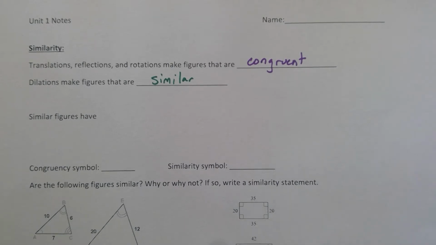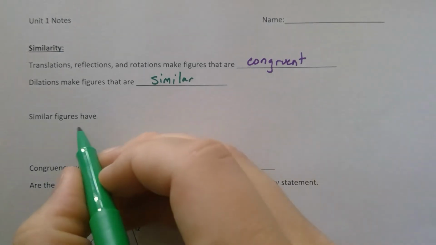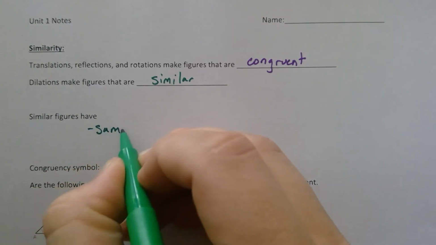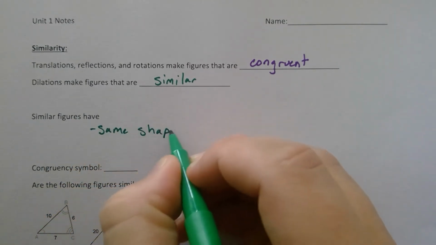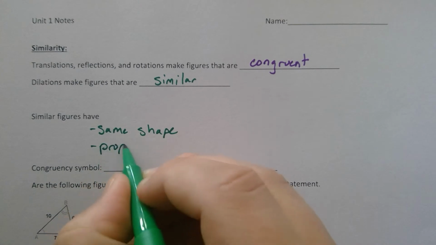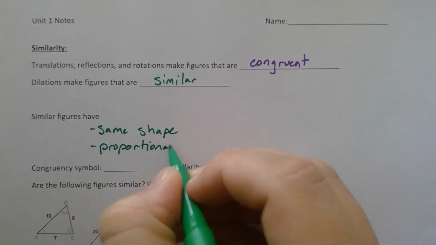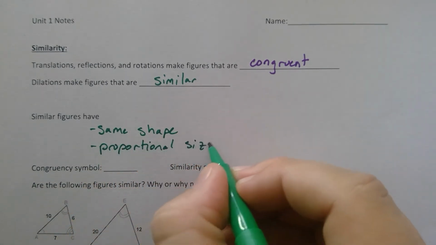So similar figures, if we think back to what we saw when dilations were created with our non-rigid motions, similar figures have the same shape, but they have proportional size.